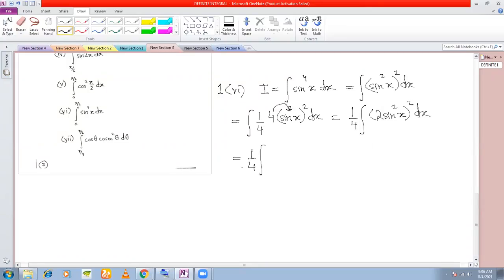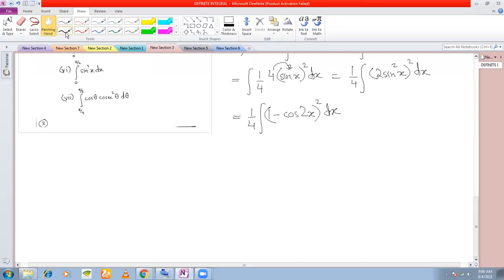From multiple angle formula, 2 sine square a is 1 minus cos 2a, and with a whole square, dx. Now you expand with the a minus b whole square formula: a square plus b square minus 2ab, dx, which is equal to 1/4.